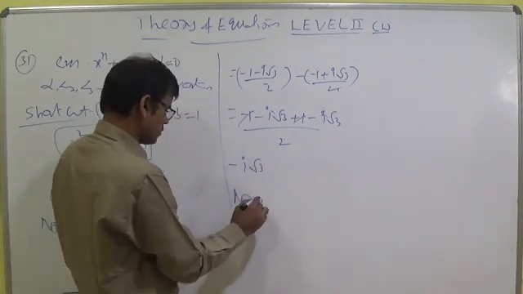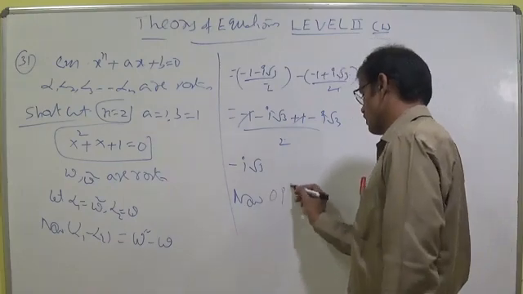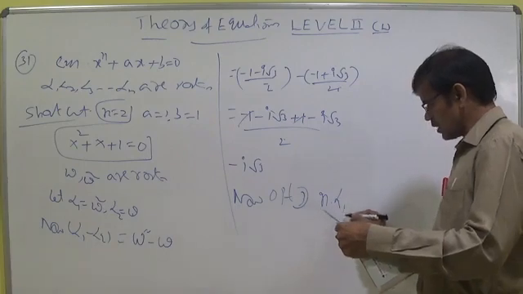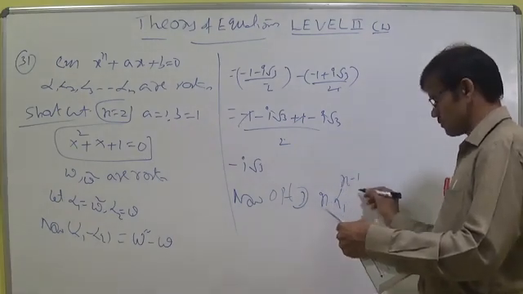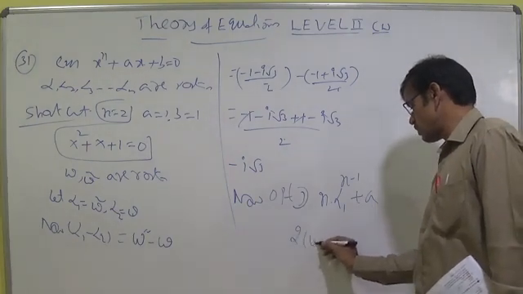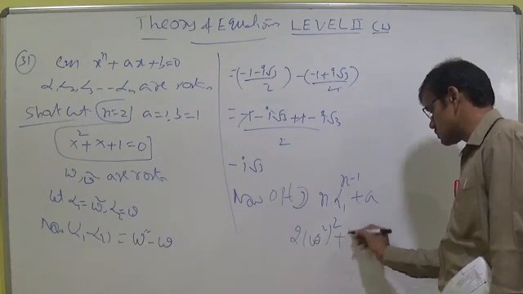Now verification of the options. Verify option 3. Option 3 is n into alpha 1 power n minus 1 plus a. So n means 2, alpha 1 means omega square, whole square, plus a means 1.